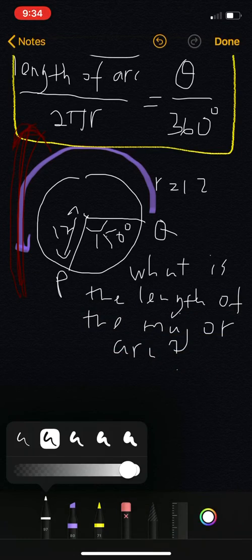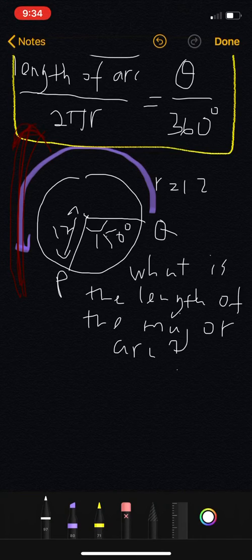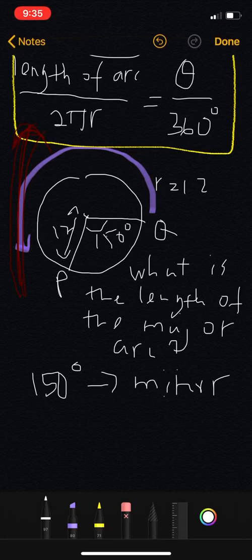You want to find the length of the major arc, not the minor arc, but what is given to you is the angle at the center for the minor arc, for the minor sector. The angle is 150 degrees. So this one is for the minor part, the minor sector. So you should find the major sector.